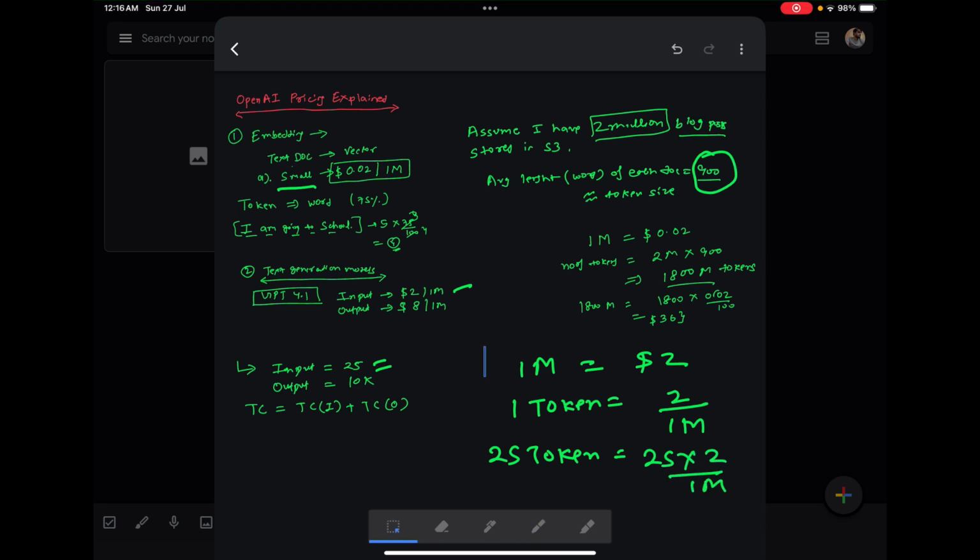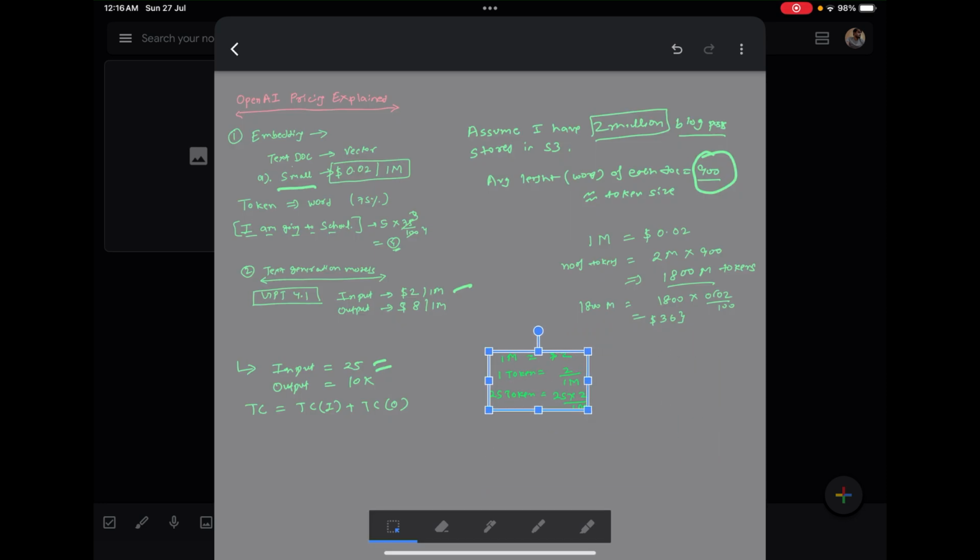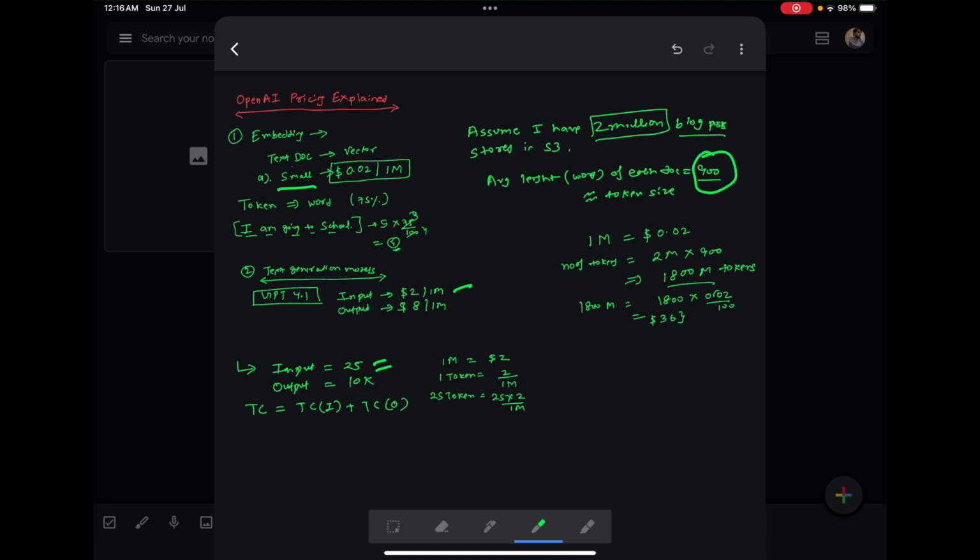So now let's put it aside. Similar to this, I can calculate for output. For output, again 1 million tokens is equal to $8, and I'm consuming 10k, which is going to be 8 divided by 1 million multiplied by 10k.